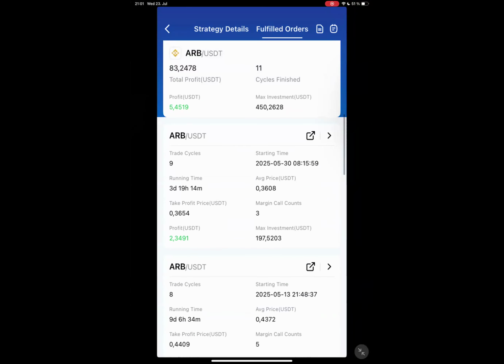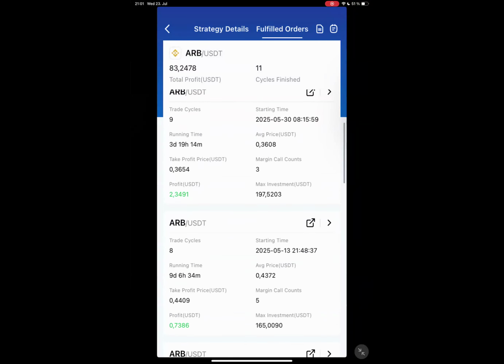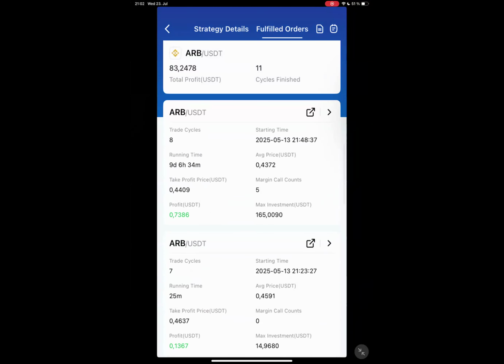You can see this one had 3 margin calls. The difference is from sub sells. So anytime your robot buys the fifth call and above, that fifth call can sell like 1 million times. And that is where the profit lies.